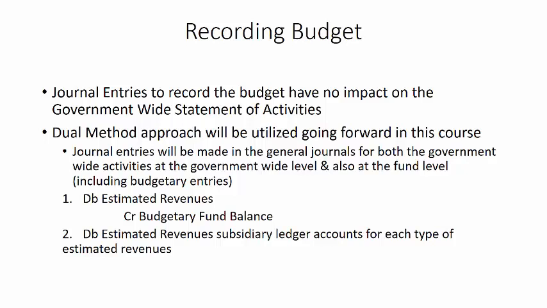Okay, so you've got a revenues ledger that supports the operating accounts, and you've got estimated revenue ledgers that supports the budgetary account for estimated revenues. Same goes with the other financing sources and estimated other financing sources. They have their subsidiary ledgers that go with them.